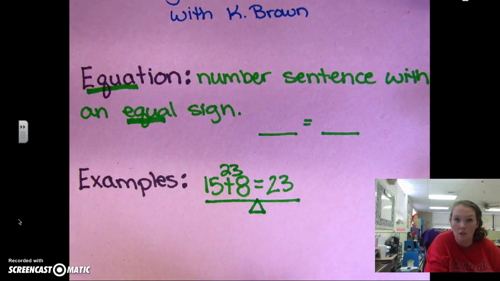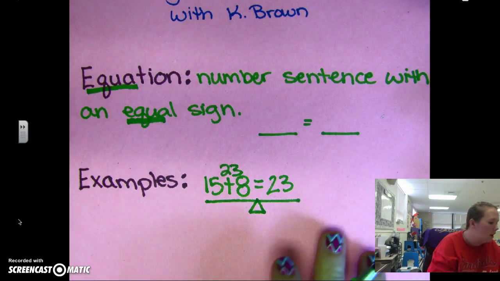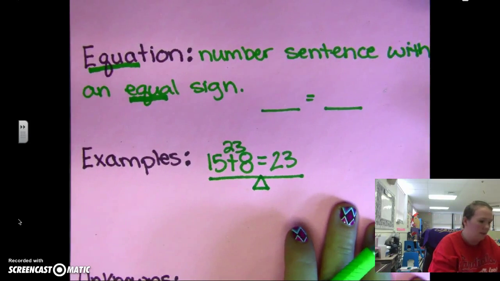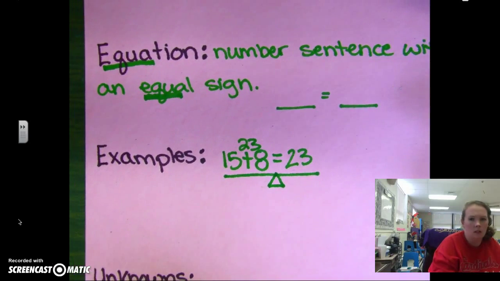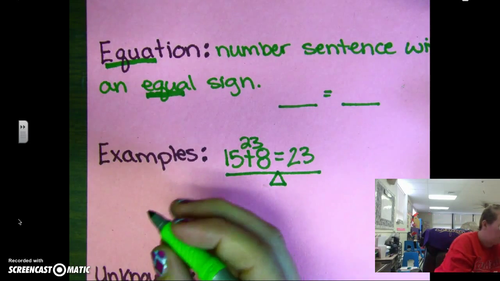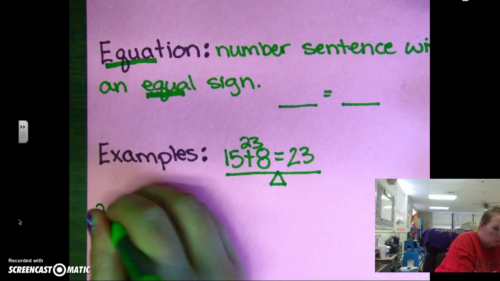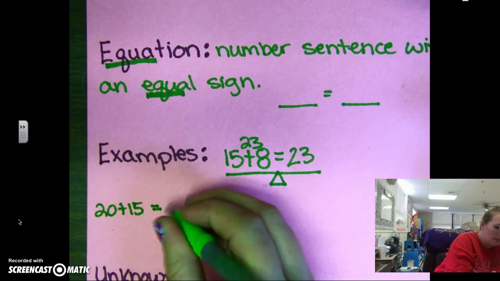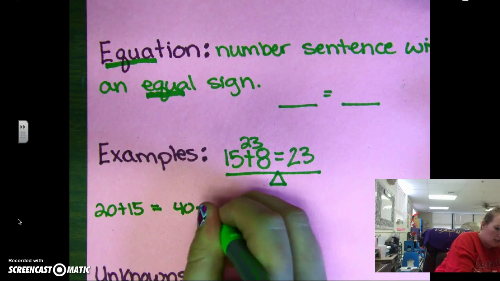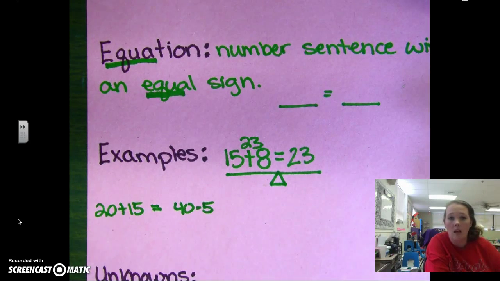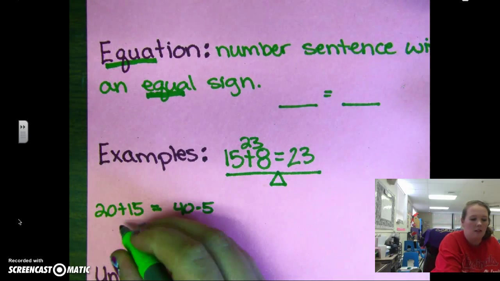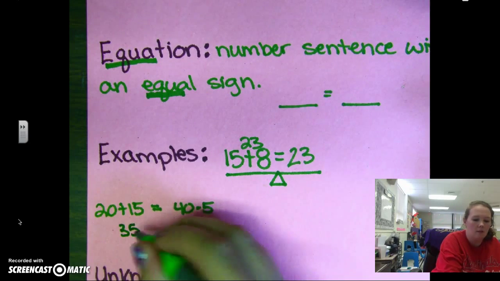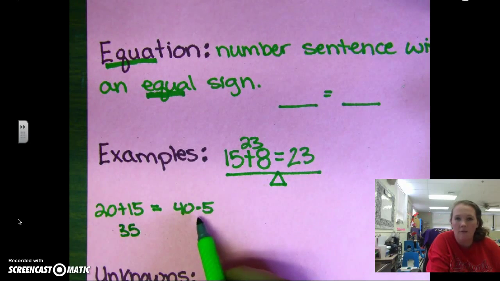That's an equation. Another example of an equation would be a little bit of a harder one. I could have 20 plus 15 is the same as 40 minus 5. If I do 20 plus 15, that's 35. And then on the other side, I have 40 minus 5.